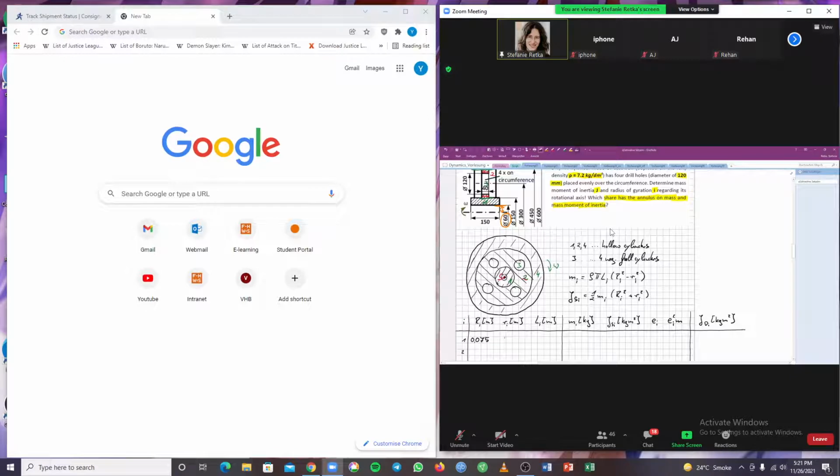Then it's 0.03. And then the length is only stated in the figure above. It cannot be seen in my hand drawing. The length is this distance, 150 millimeter. So it's 0.15.